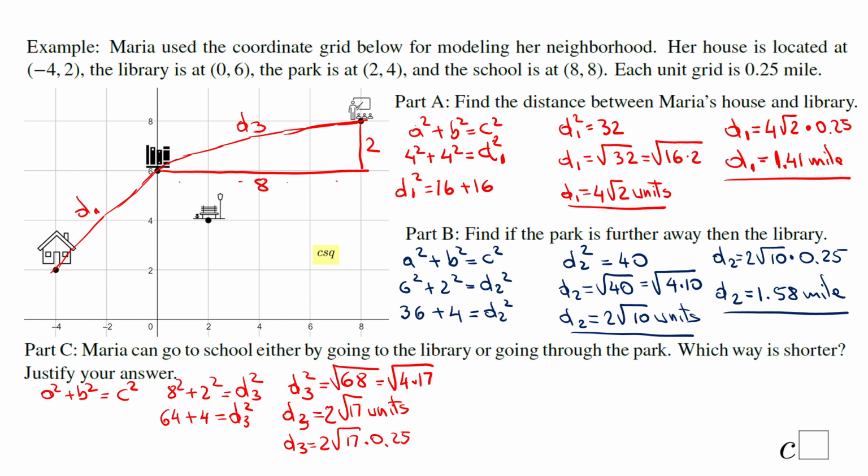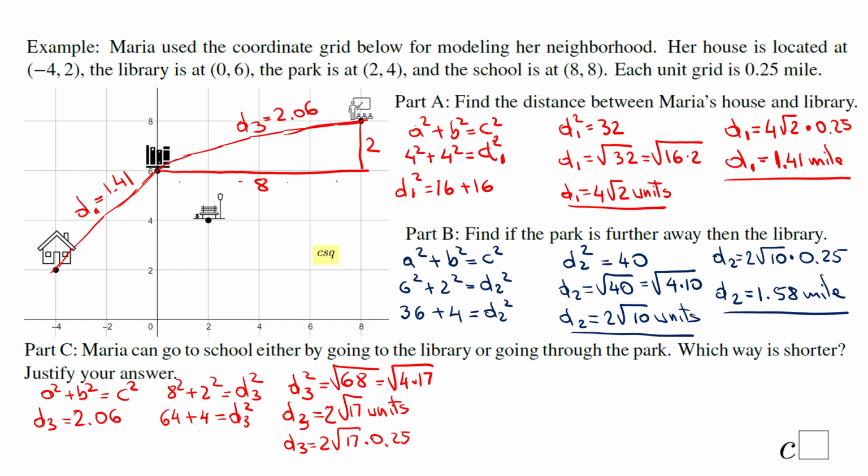I end up with 2.06. I'm gonna put it right here. Okay, so we know D1 is 1.41, D3 is 2.06.